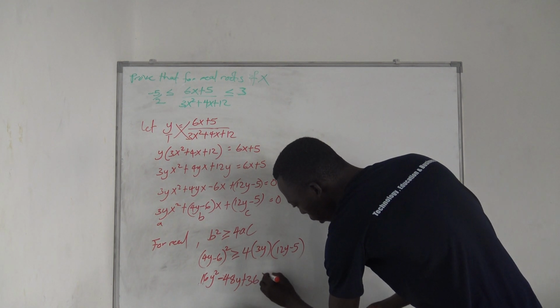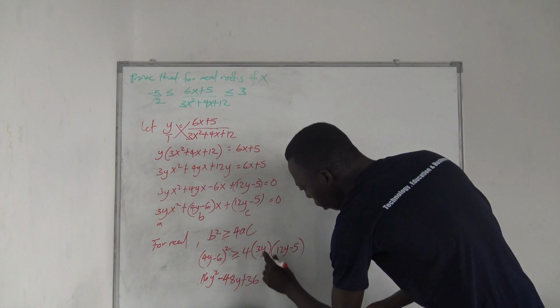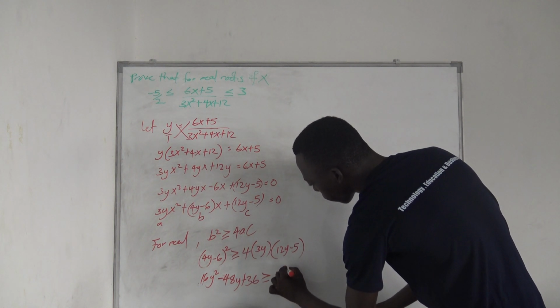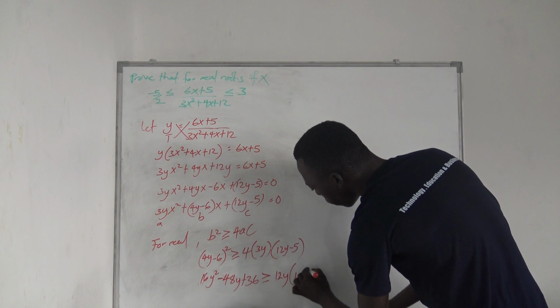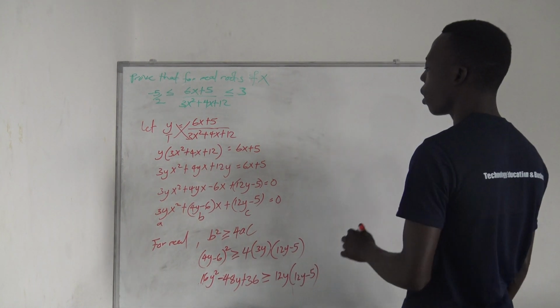This is greater than or equal to 4 times 3y, which is 12y, into (12y − 5). So that's what we have after expanding.